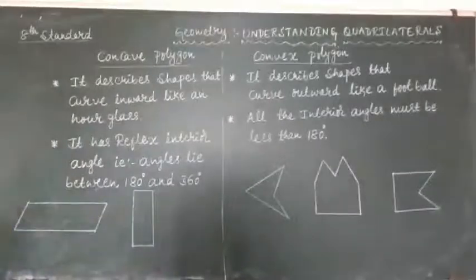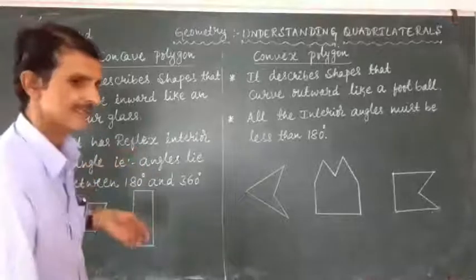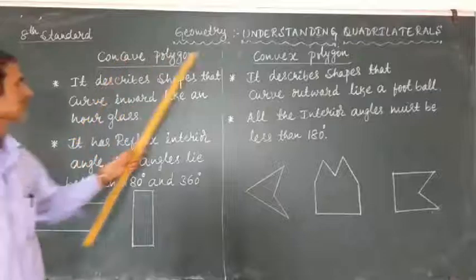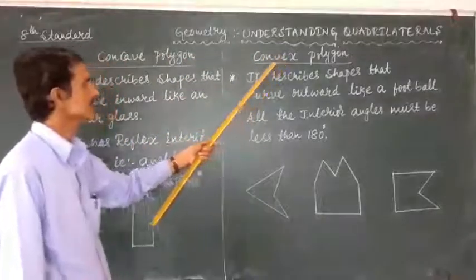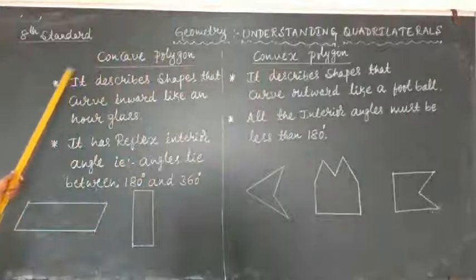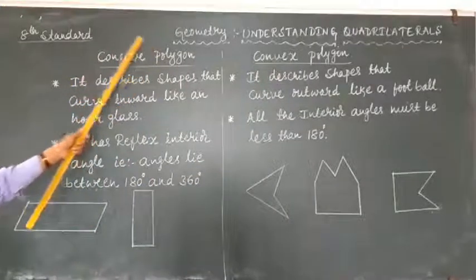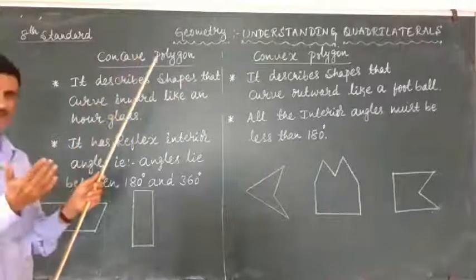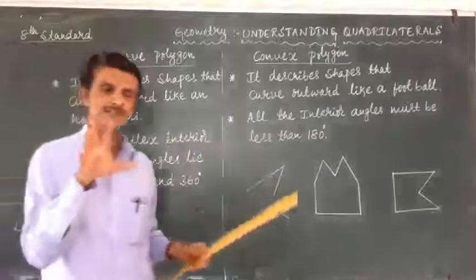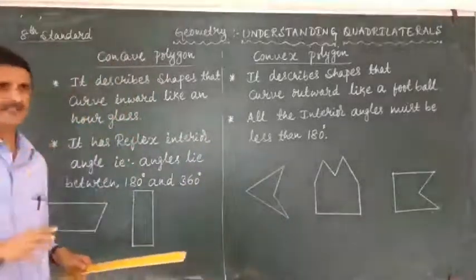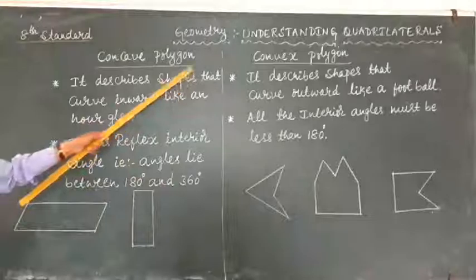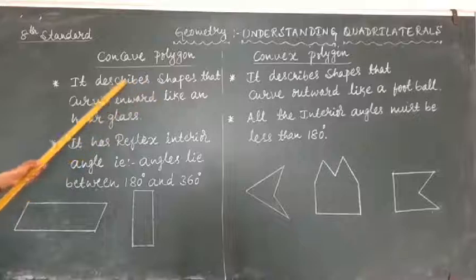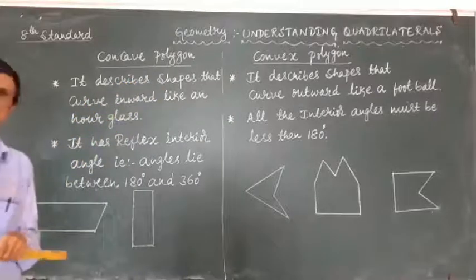Students, now we will see other types of polygons: concave polygon and convex polygon. Concave polygons describe shapes that curve inward. You are already familiar with convex and concave lenses. These shapes curve inward like an hourglass.